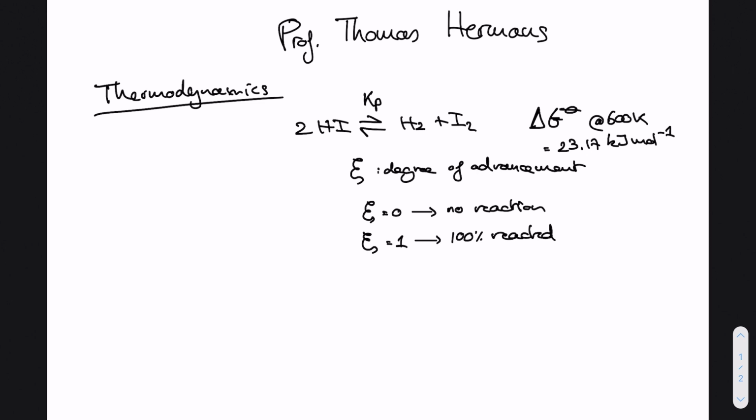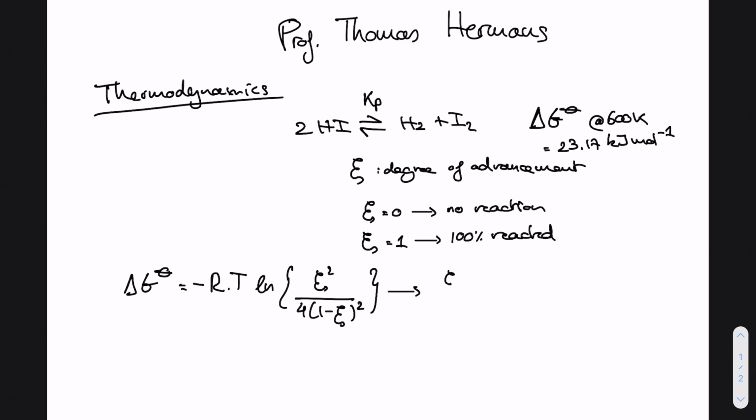So we have delta G naught minus R times T times ln of that squared over 1 minus. Okay, and that leads to, we take that out, right?